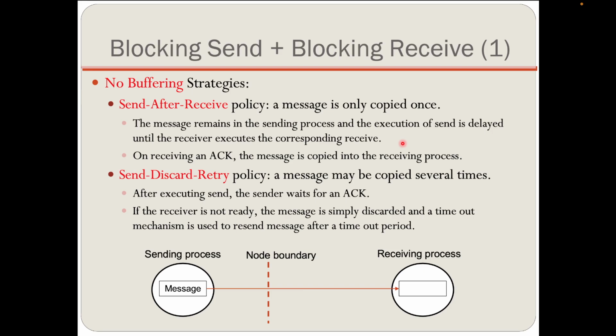So a message is only copied once, from the sender's address space to the network and then to the receiver's address space. Of course, the network may go through a lot of store-and-forward buffers. That is not a buffer in the host, but a buffer in the network. Here, buffer means in the host.